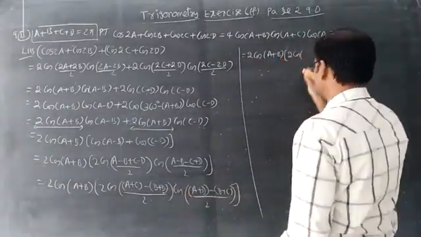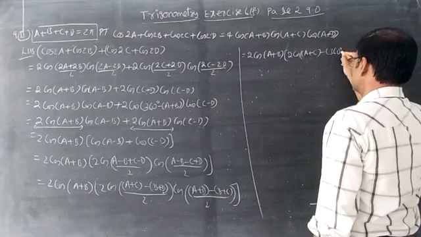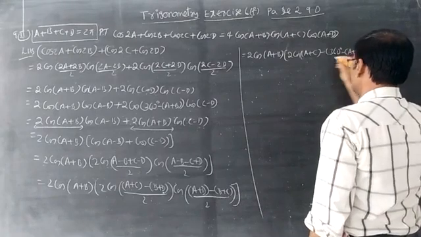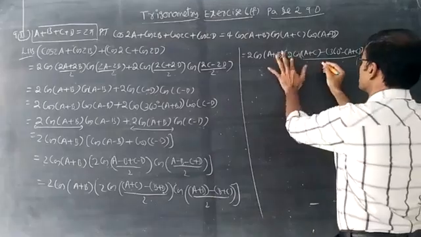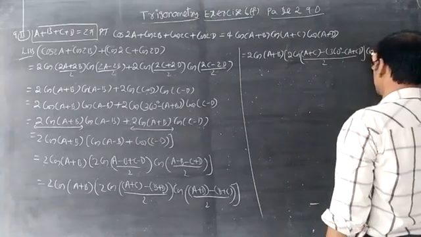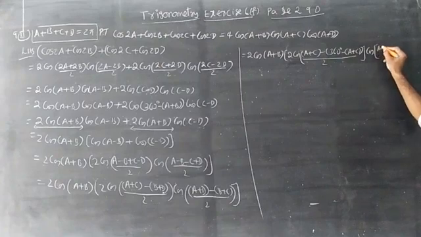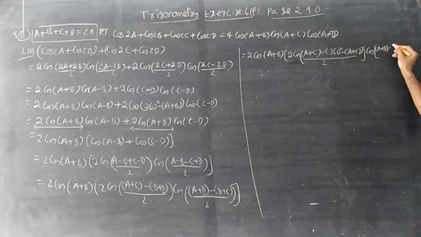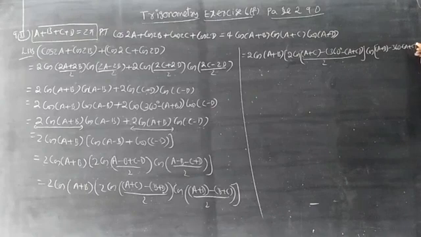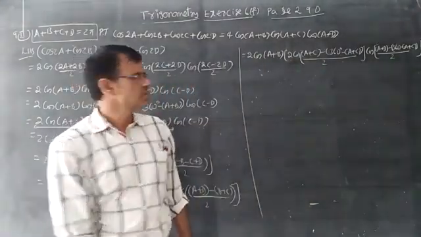So for minus b plus d, write minus of 360 minus of a plus c, whole by 2, into cos of a plus d minus of 360 minus of a plus c, whole by 2.